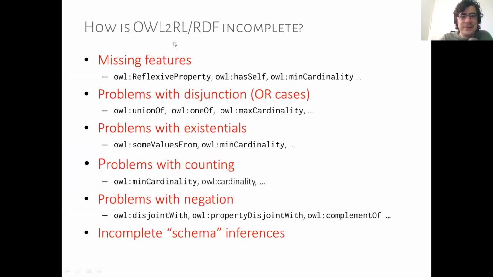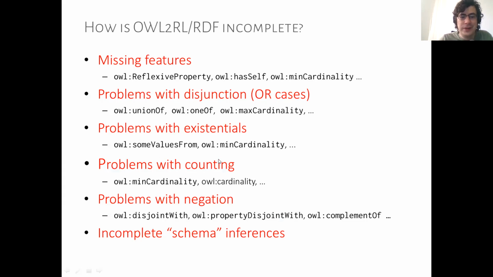Okay, so it's incomplete in a number of different ways. There are certain features that are just not considered, they're not included, and why that is, I'm not actually 100% sure. There are problems with disjunction, which we saw with the criminal or lawful case. So we can't consider this sort of case A or case B. Problems with the existentials, things that we know exist, but we cannot name. There are problems with counting.